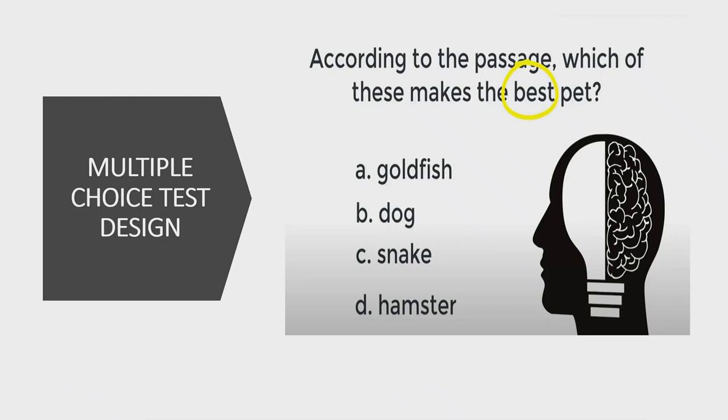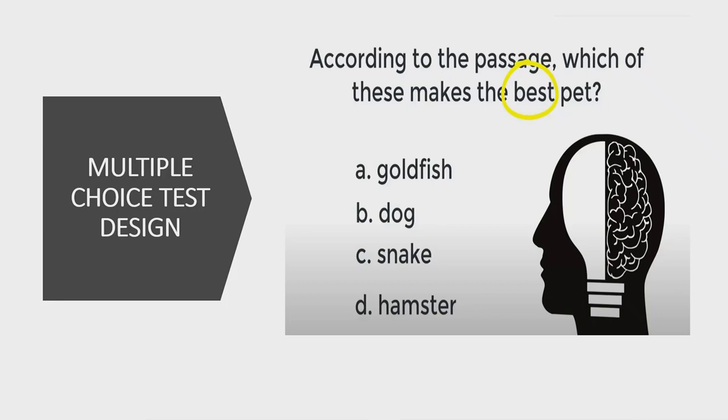Now, let us begin by exploring the multiple choice design. According to the passage, which of these makes the best pet? Goldfish, dog, snake, or hamster?